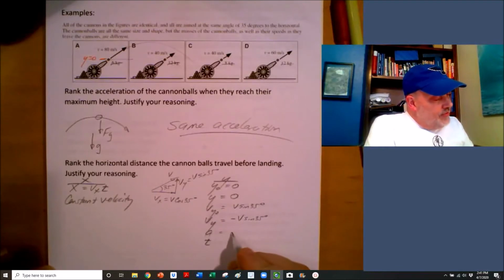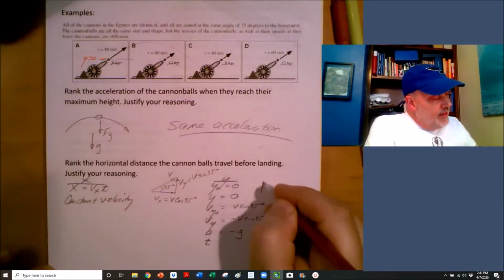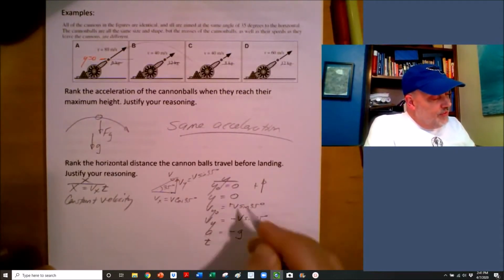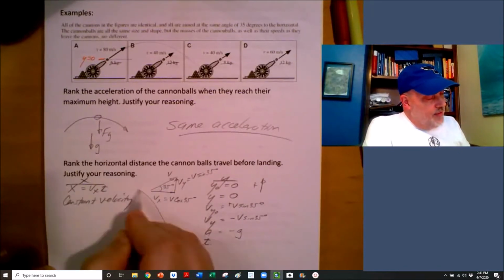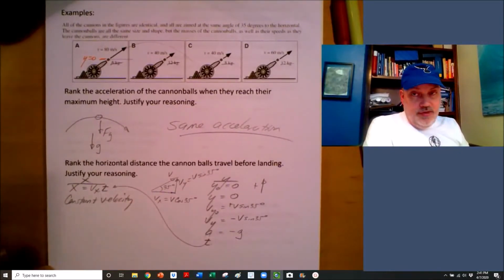The acceleration is going to be negative g, so I have chosen up as positive because it starts up, then comes down, and the acceleration is down. I don't know the time, but I need this time to know how far it's going to go. So let's find that time.